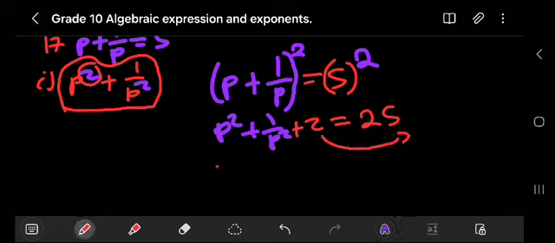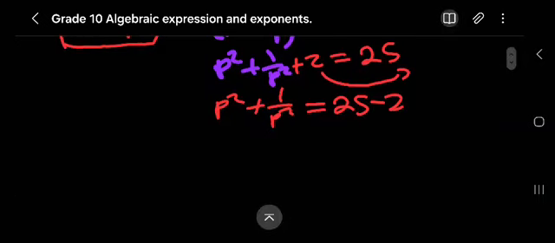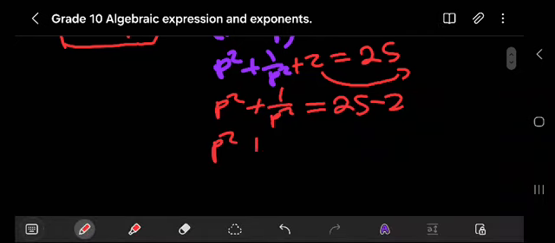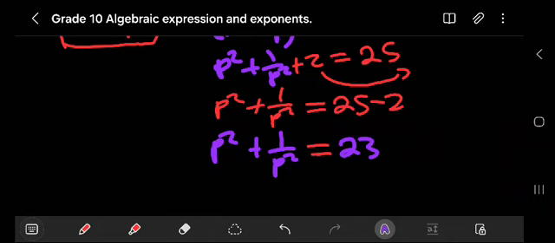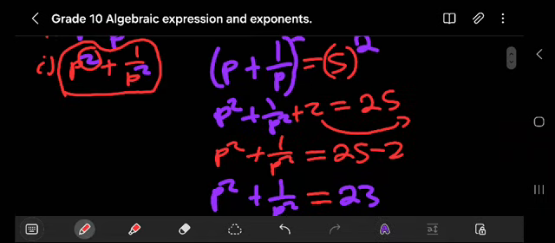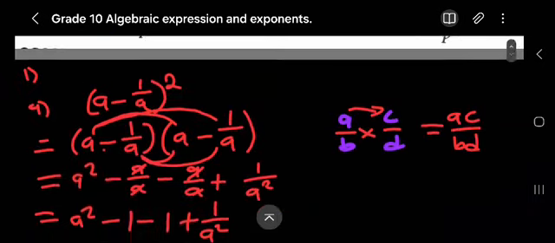You'll have p squared plus 1 over p squared equal to 25 minus 2. Then p squared plus 1 over p squared is equal to 23. As you can see, this is equal to 23.